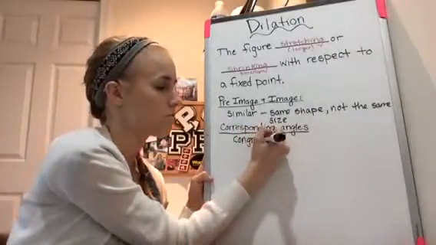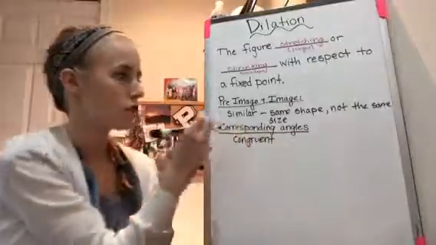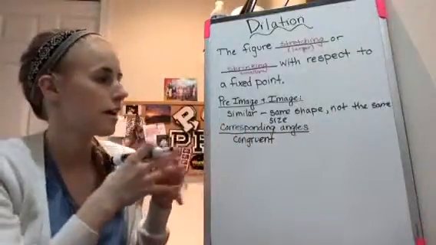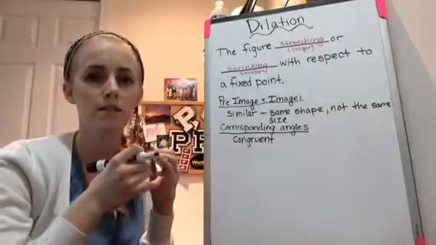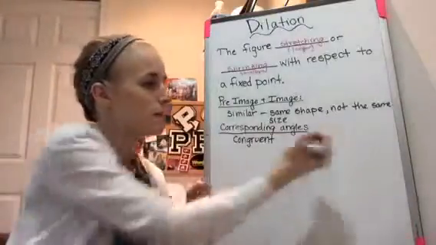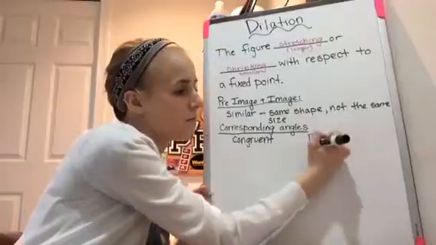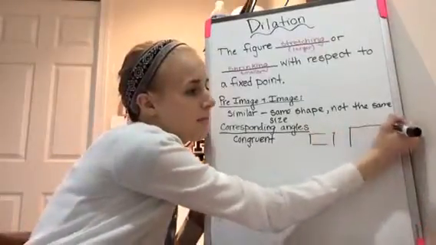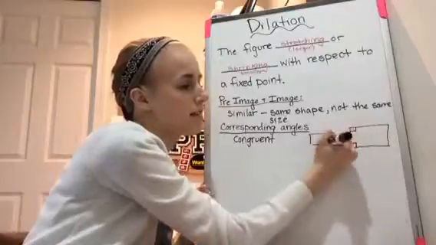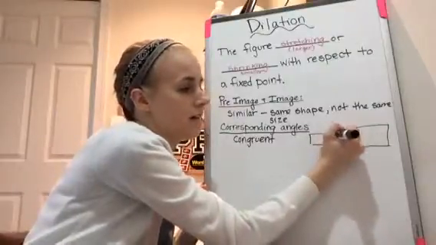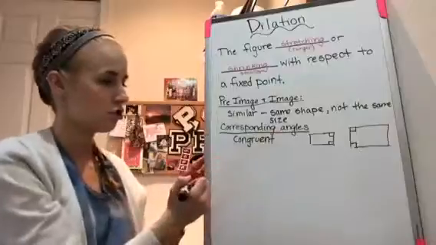The angle is something that's going to stay consistent, because think about it. Even though my image might be getting bigger, I still have all 90-degree angles. That's not changing at all. It's the size that's changing.